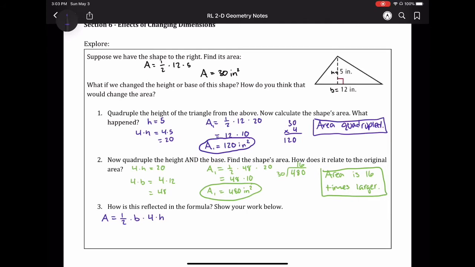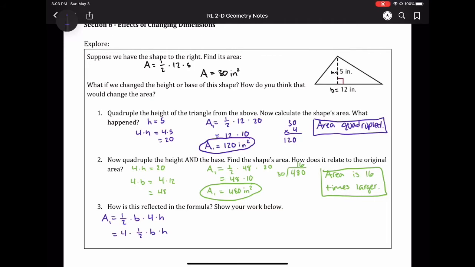When you are multiplying, we have the commutative property, which says that you can multiply things in any order, which means that I can take that 4 and put it out front, and now I have 4 times 1/2 times the base times the height. My area of a triangle formula is 1/2 times the base times the height.